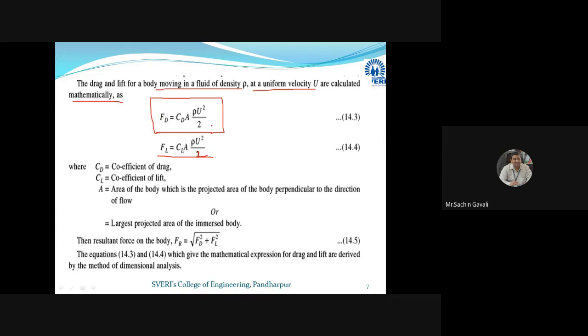So the drag force acting on a body moving at uniform velocity U in a fluid of density rho is FD equal to CD A rho U square divided by 2.